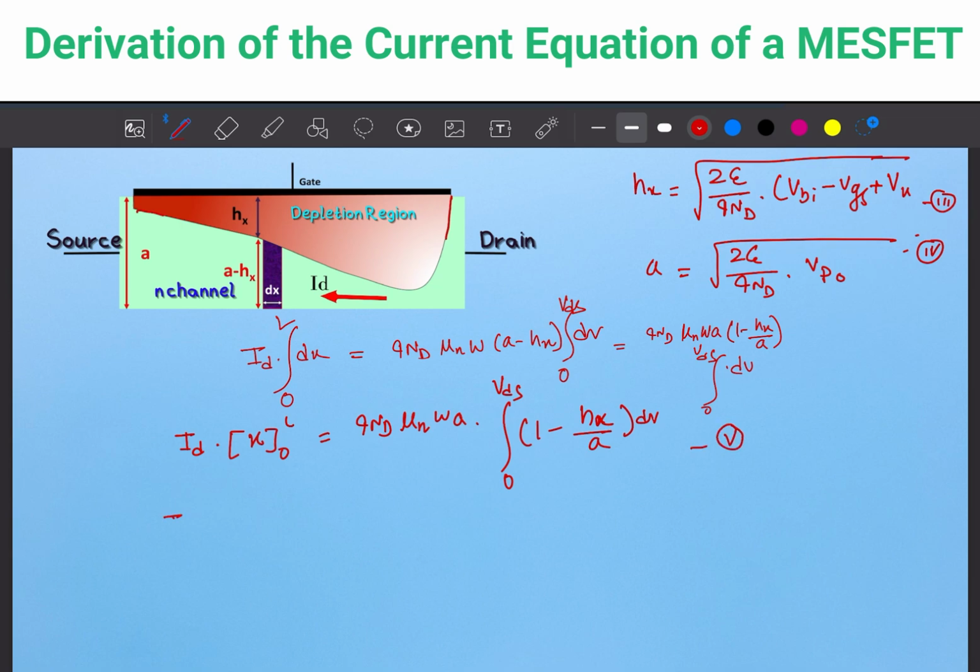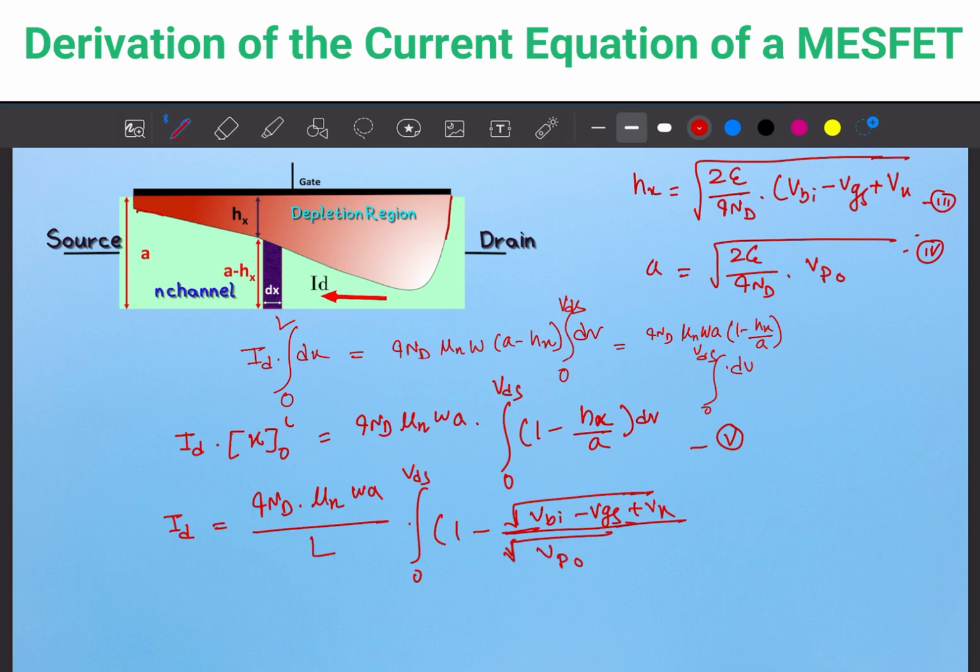What will we get? Id is equal to q Nd μn W a divided by L, integration 0 to Vds of 1 minus the square root of (Vbi − Vgs + Vx) divided by V pinch-off, dV.